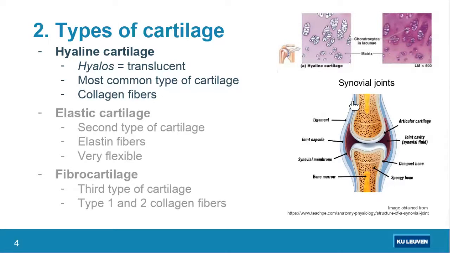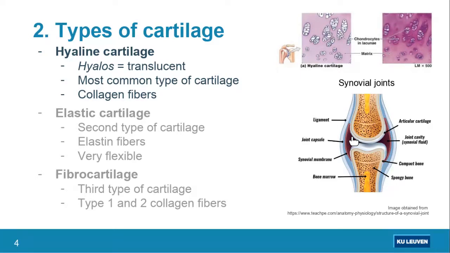Surrounding this joint cavity, we have a fibrous tissue, which forms the articular capsule. Inside this articular capsule, we have two bones that are articulating, and on the surface of the articulating bones, we can find the articular cartilage.